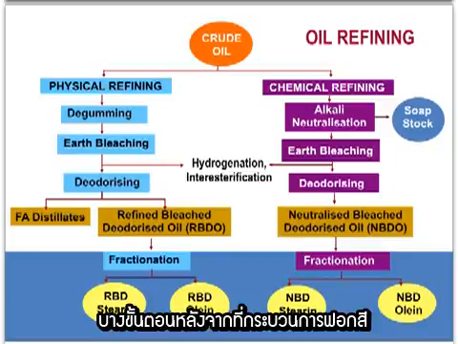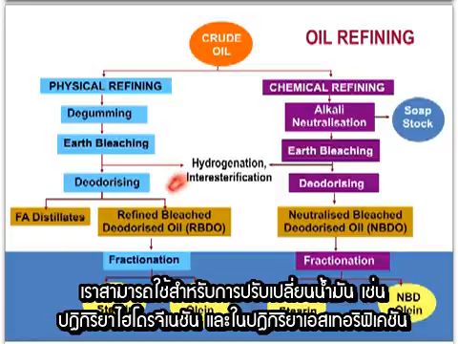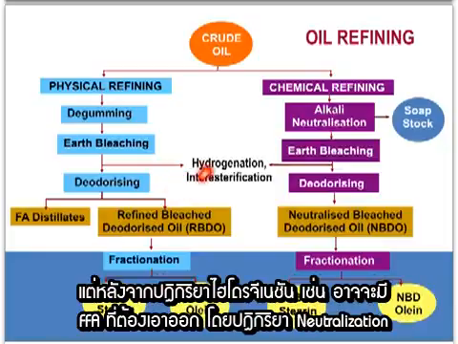At some stage after the bleaching process, we can take the oil for modification processes, for example hydrogenation and interesterification. But after this process, for example after hydrogenation, there are probably some free fatty acid that need to be removed by the deodorization process.